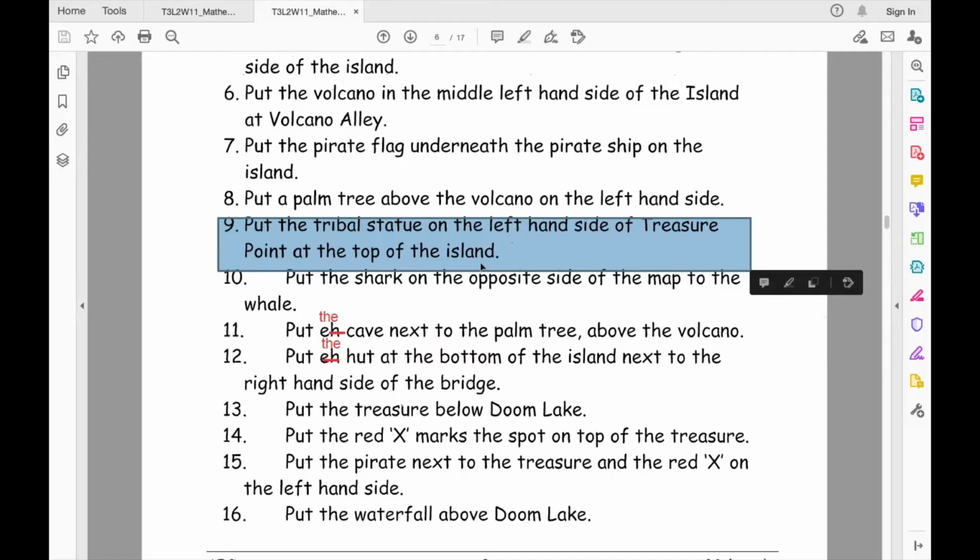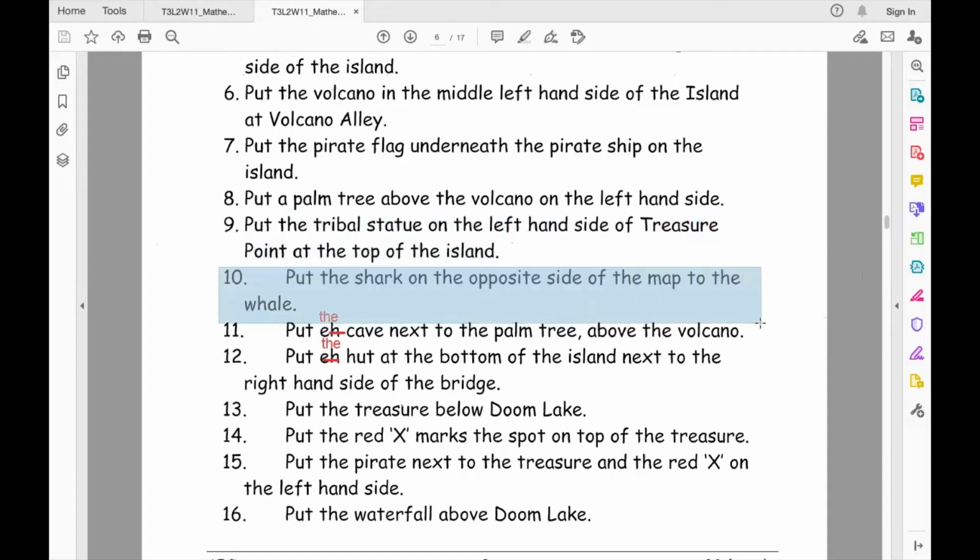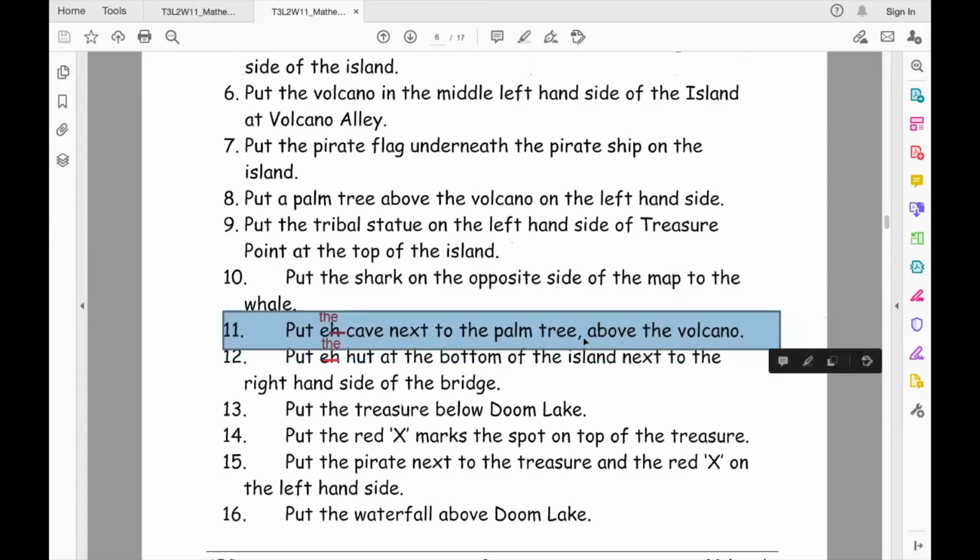Number 10, put the shark on the opposite side of the map to the whale. Number 11, put the cave next to the palm tree above the volcano.